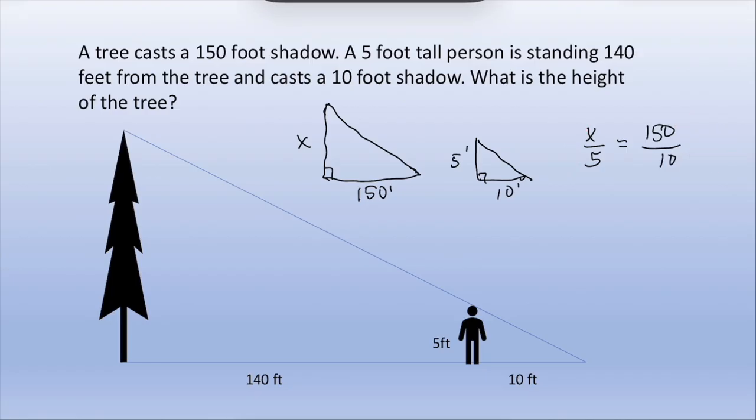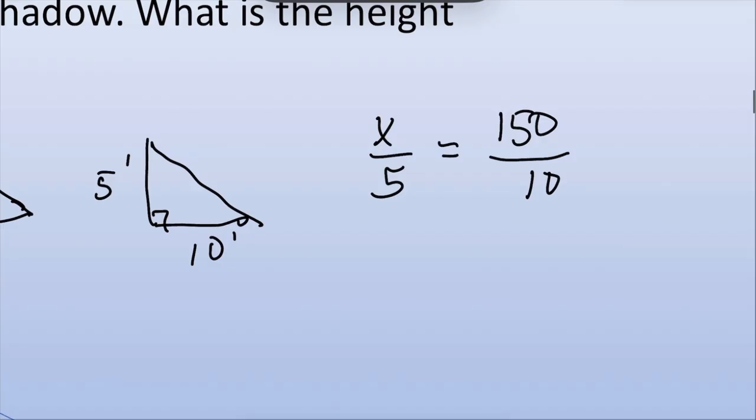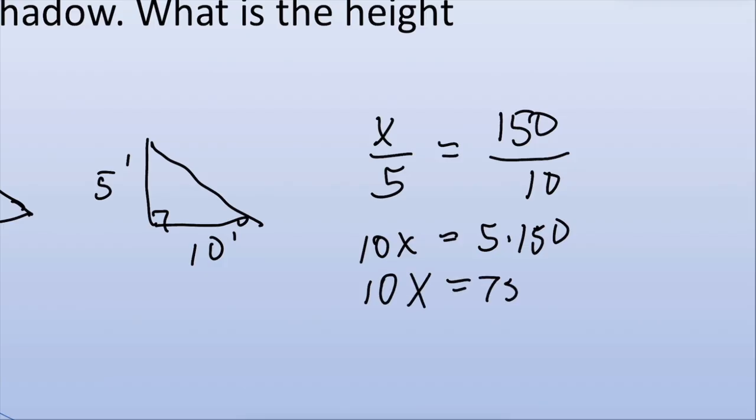Now, if we go ahead and solve this, let me zoom into this proportion. The easiest way to solve a proportion is to cross multiply. So 10 times x is going to be the same as 5 times 150. Now, 5 times 150 is 750. So 10x is 750.